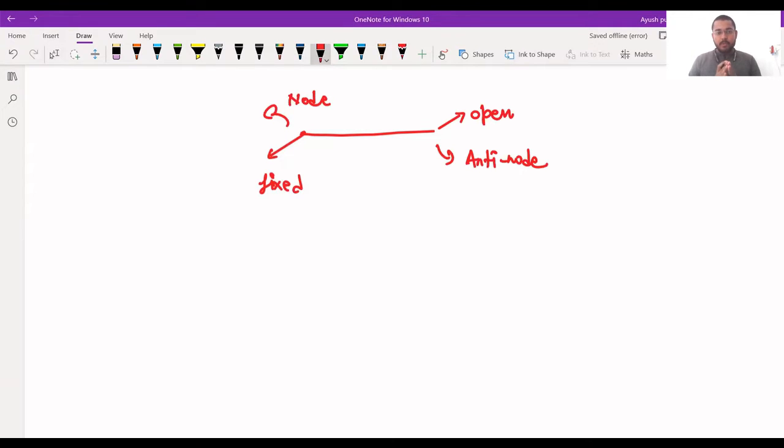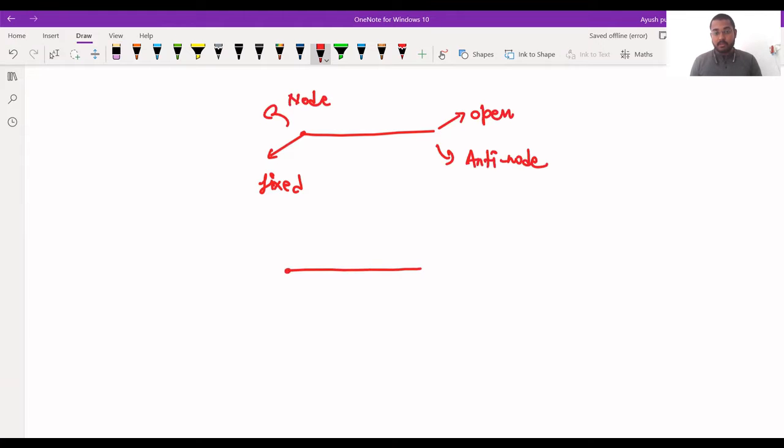Now, if we want the minimum possible frequency in which the standing wave will be formed, provided the condition that at one end a node should be formed and at the other end an anti-node should be formed, what shape can the string wave take?